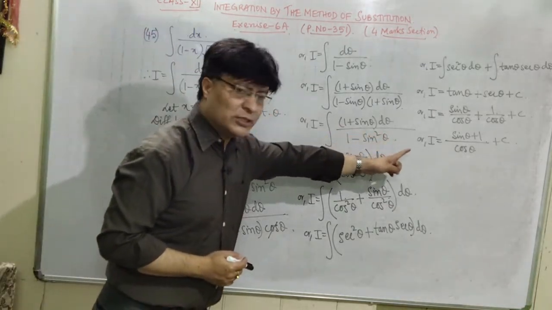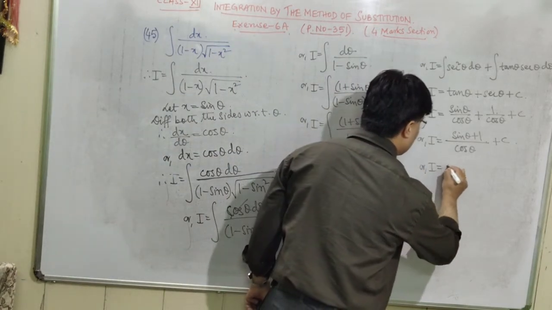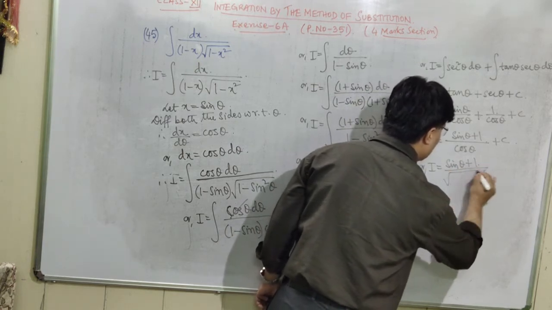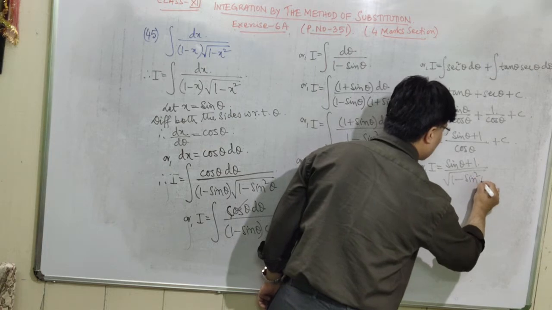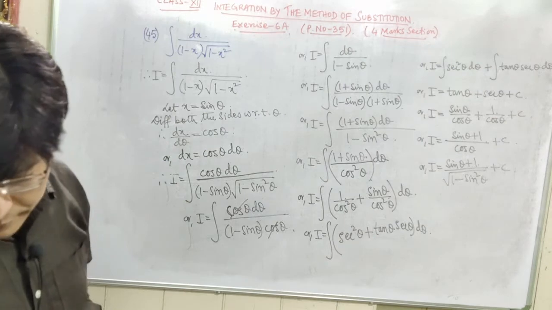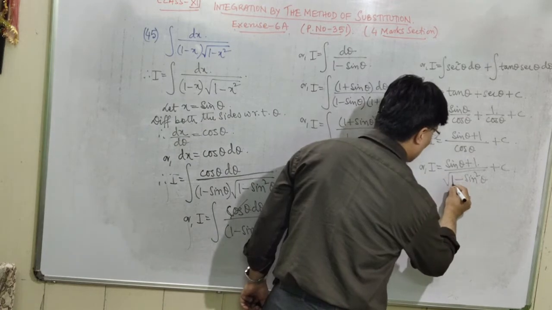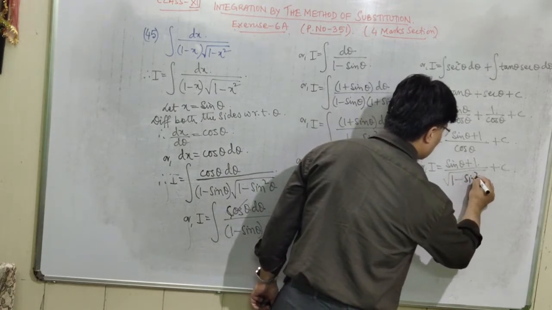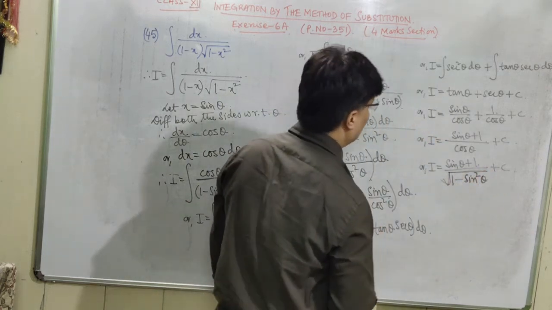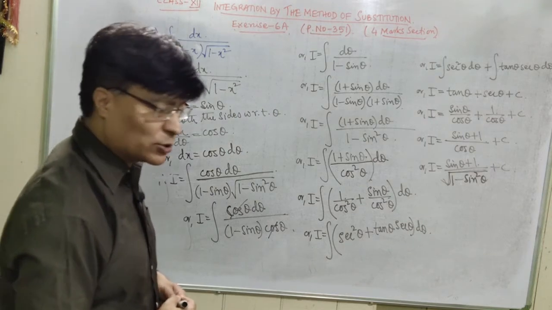So again, what is cos theta in terms of sine? What is the formula for cos theta in terms of sine? It is root over 1 minus sine square theta. So I is equal to sin theta plus 1 divided by root over 1 minus sine square theta plus c. Here you can write 1 minus sine square theta, under square root.